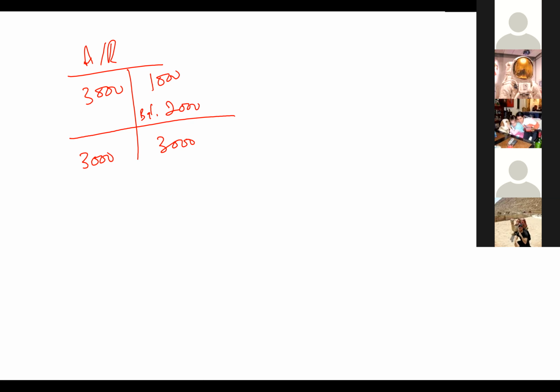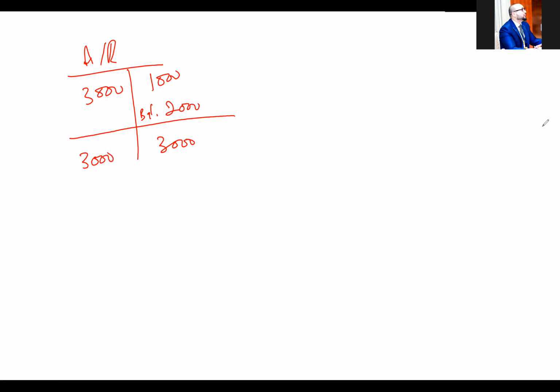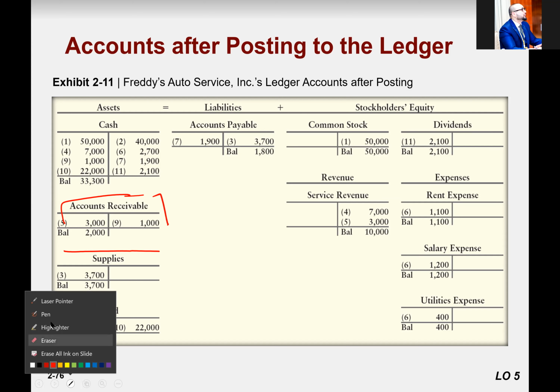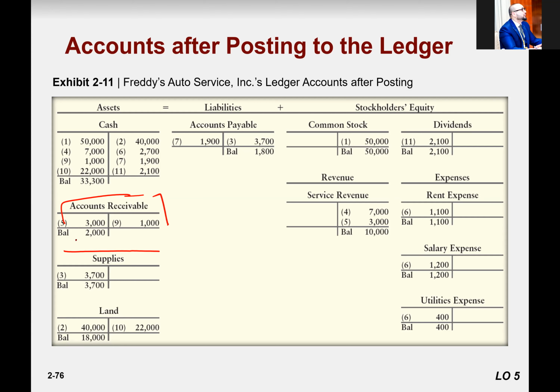But in accounting, it's not like that. So if you just see the account receivable here, you see the balance is 2,000. See that? Right? The balance is 2,000.